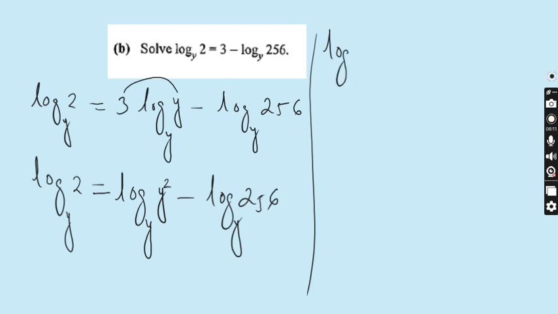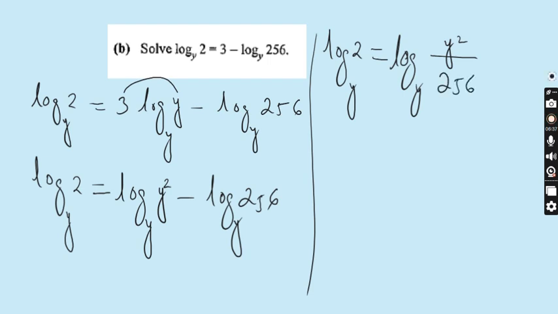And log y 2 is equals to, apply the rule of difference, convert it into a fraction in logarithm, so it is log base y of y square upon 256.